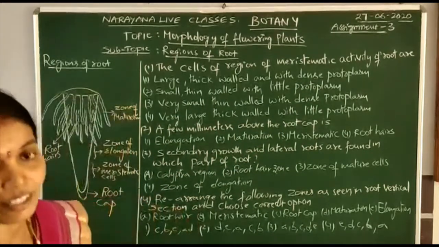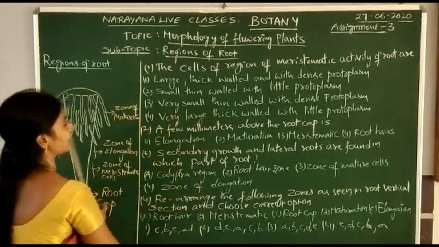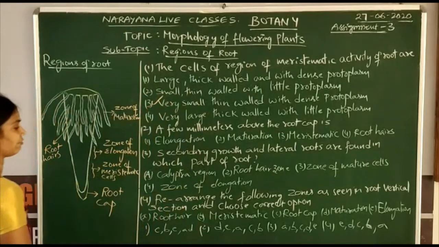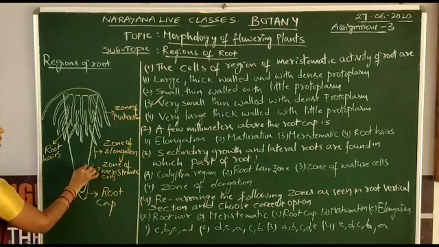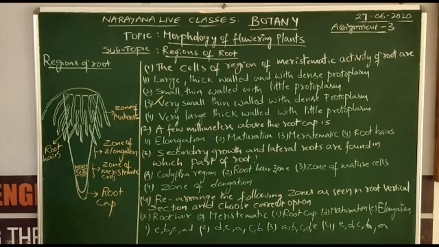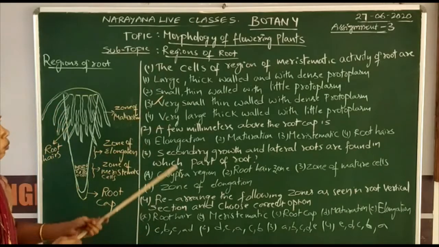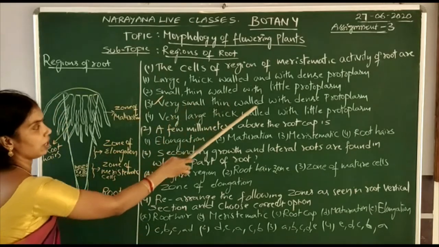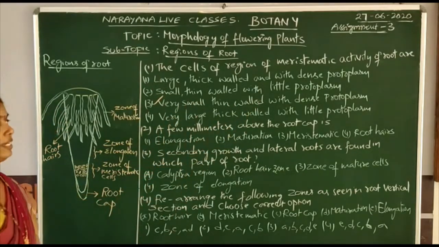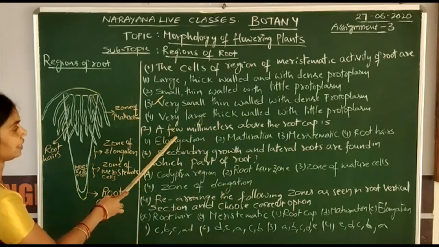So you can identify the meristematic cells with this characteristic feature, where cells are thin-walled and have dense protoplasm. And where is it located, children? Above the root cap. So the answer for the first question is the third option, where the cells are very small, thin-walled with dense protoplasm. Now the next question, second question.